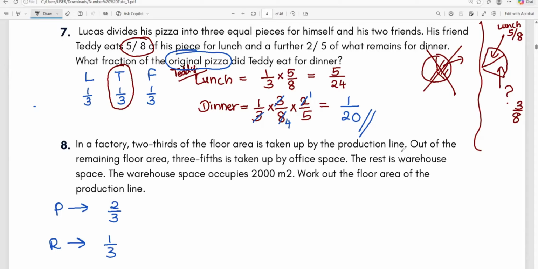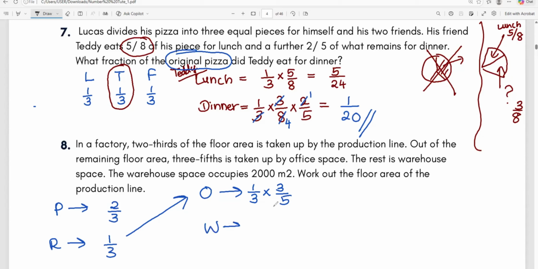Out of the remaining floor area, 3/5 is taken up by the office space. From this remaining part, they have taken 3/5 out of 1/3 for the office space. The rest is warehouse space. From this 1/3, the rest is warehouse.